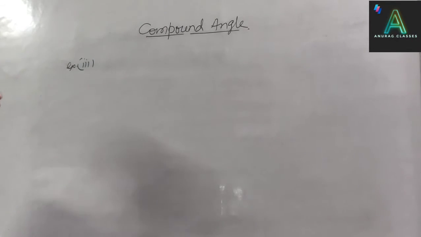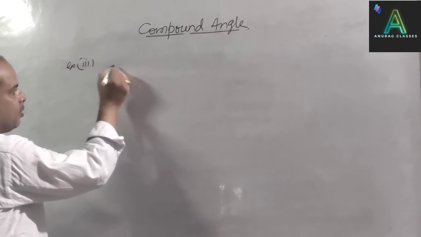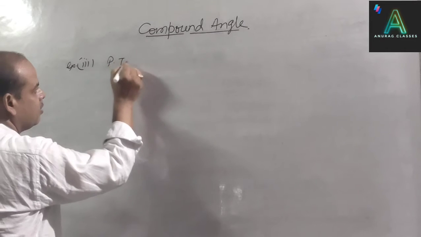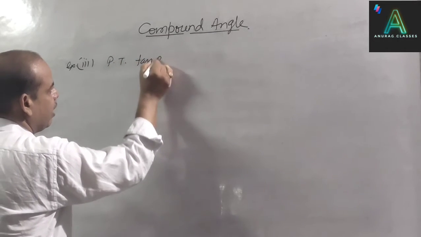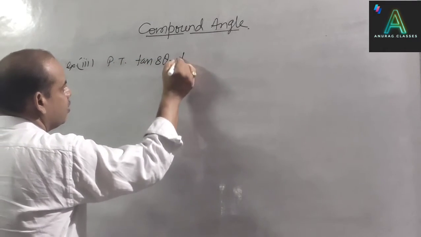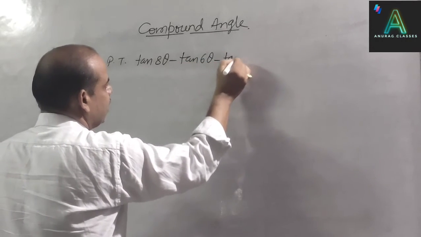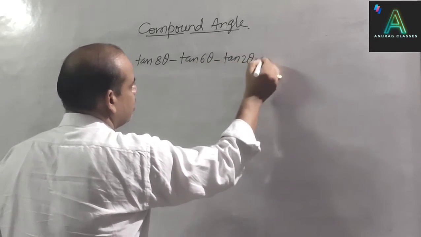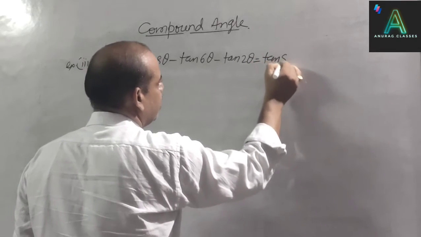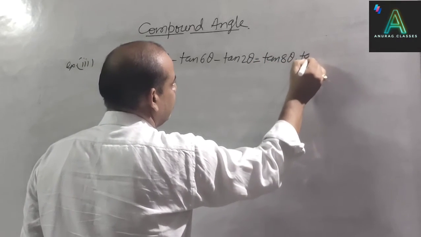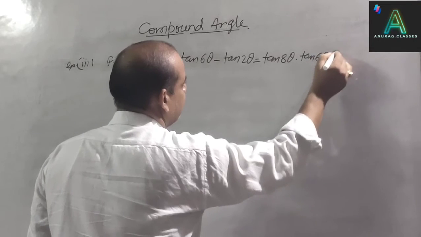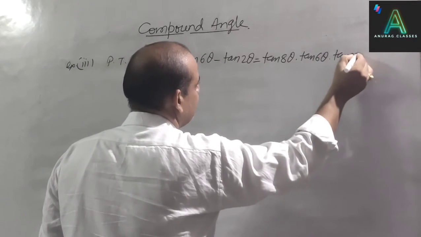So student, let us take one more example. Prove that tan 8 theta minus tan 6 theta minus tan 2 theta is equal to tan 8 theta into tan 6 theta into tan 2 theta.